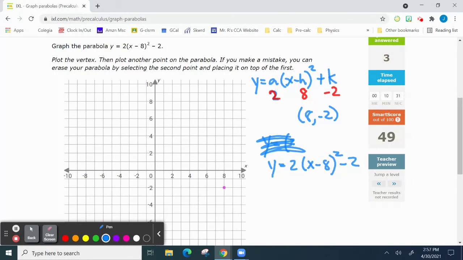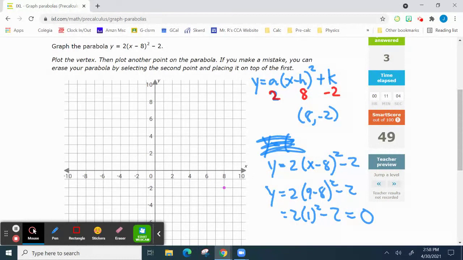Why? Because 9 minus 8 equals 1. So I'm going to find out what y equals when x equals 9. So y equals 2 times 9 minus 8 squared minus 2. 9 minus 8 is 1, squared is 1. 2 times 1 is 2. Minus 2 equals 0. So when x equals 9, y equals 0.